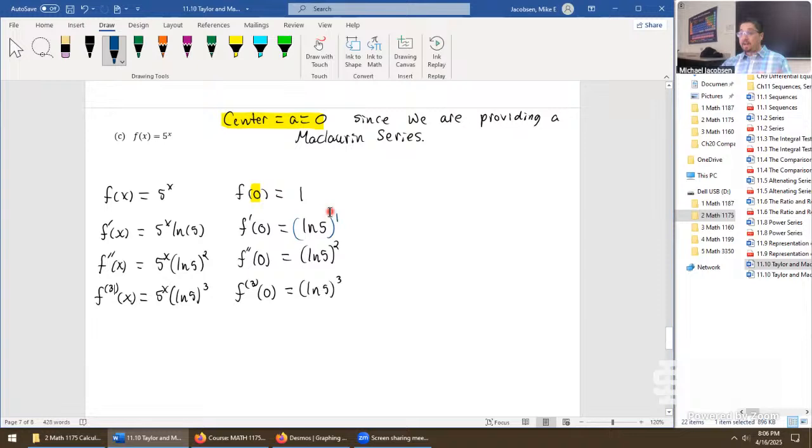We really want to see the power 1 because it matches up with the first derivative. Now this is the function value, and in our notation, we think of this as the 0th order derivative, as weird as it sounds. We get a 1, but 1 is natural log 5 to power 0, matching up with the 0 order derivative. So our indices would go n is 0, natural log 5 power 0, n is 1, natural log 5 power 1, and so on down the line.